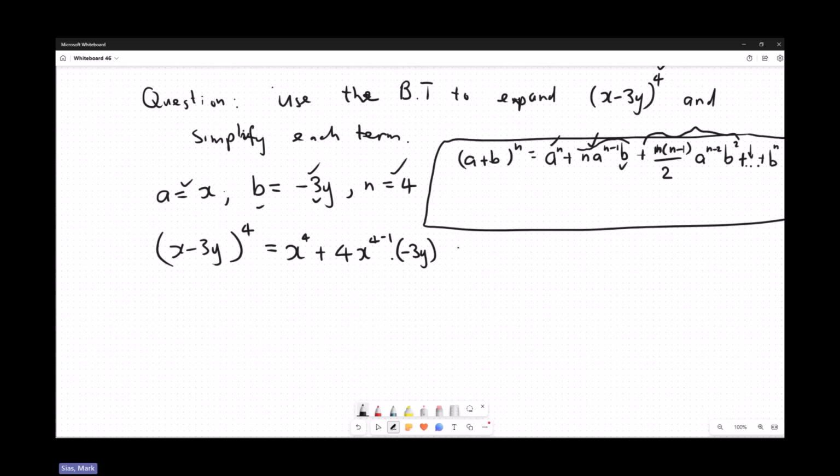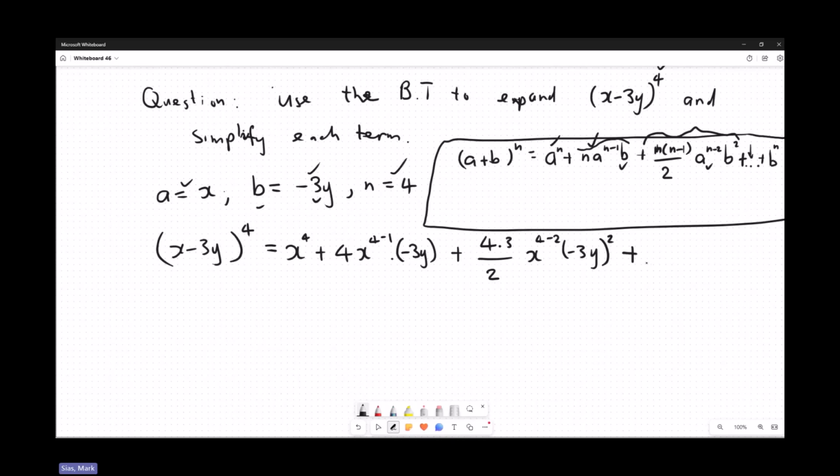Then my third term is n times n minus 1, which is 4 times 3 over 2 factorial, which is 2. My A is X, so it's X to the 4 minus 2, and then B squared, which is minus 3y all squared, plus.